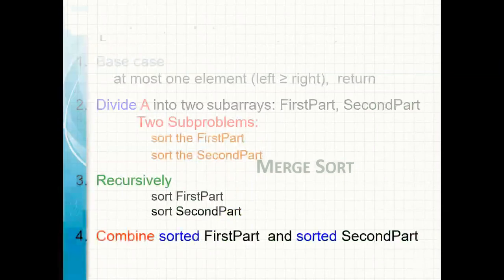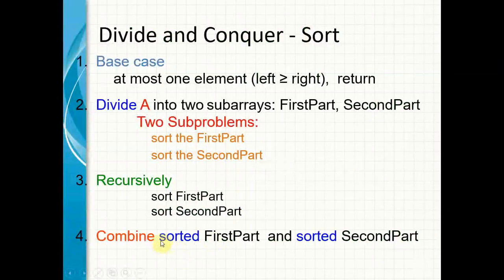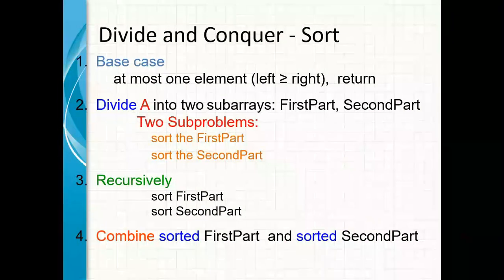And then we sort them and combine the sorted first part and the second part. Eventually we will get the sorted array. You may find it a bit conceptual, and when we talk about the actual implementation, you will understand more.